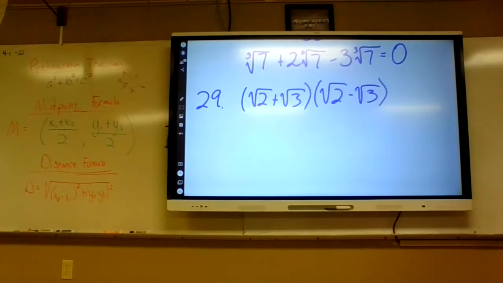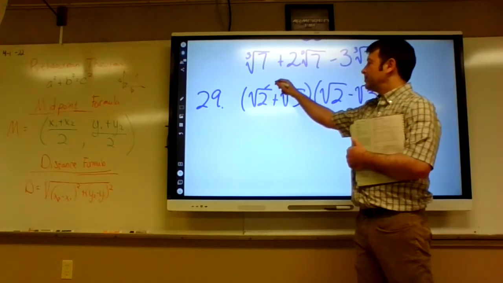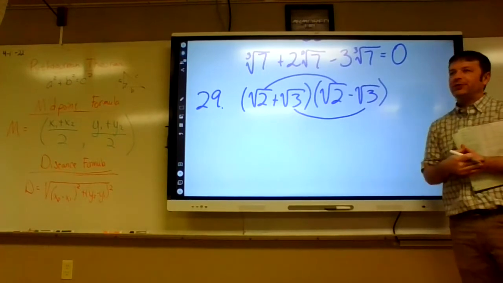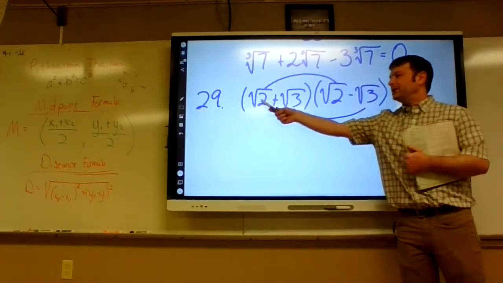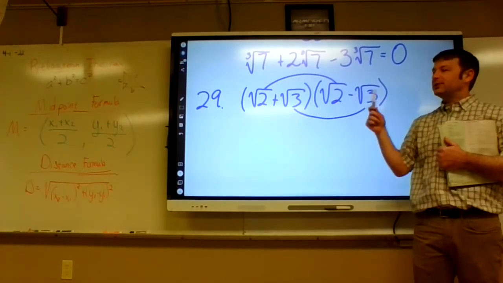It starts with a C. Oh yeah, it cancels each other out in the middle. Conjugates. Yeah. The outside and inside are going to cancel out, so you could just do first and last. If you forget that, you just need to do the whole thing. If you did outside, inside, you get square root of 6 and negative square root of 6, and they cancel each other out.